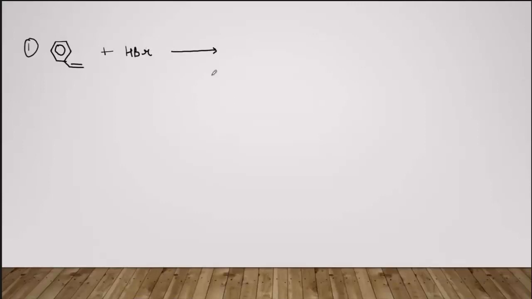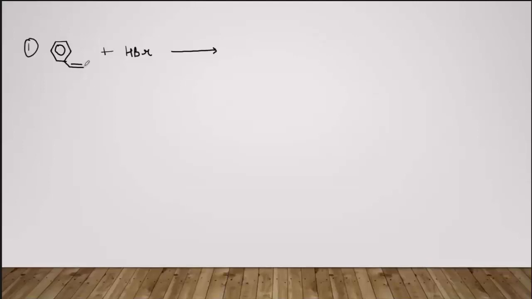Okay. But you must also remember the Markovnikov's rule that we discussed. You just have to apply the Markovnikov's rule over here and write the major product. Again, I am making you remember the Markovnikov's rule: the hydrogen will get attached to the carbon which has more hydrogens, and the halide ion will get attached to the carbon with fewer hydrogen atoms. Okay. So let's count the hydrogen atoms.